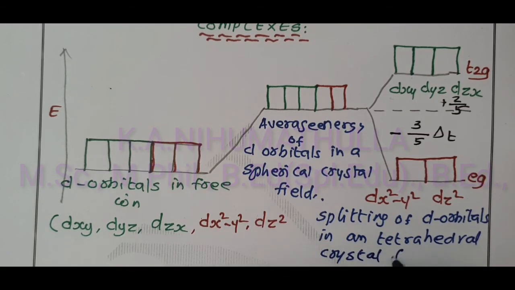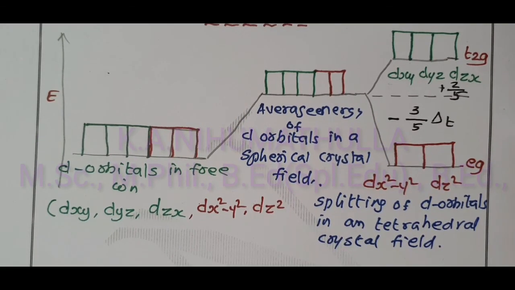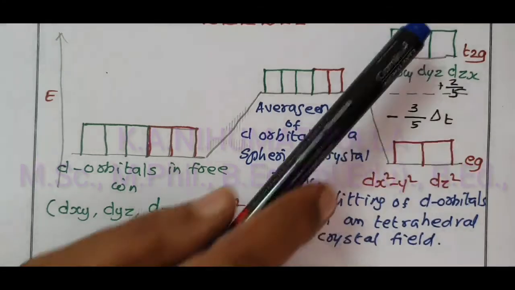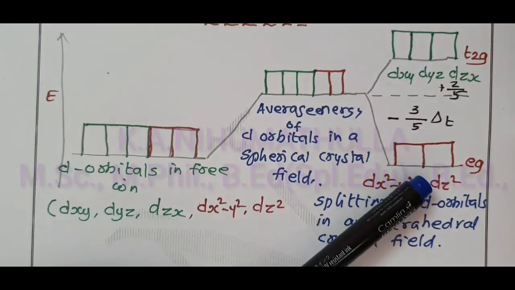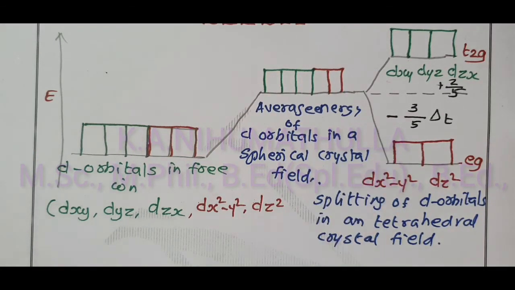Tetrahedral crystal field. This is just opposite to octahedral complexes. In octahedral complexes, the 2 orbitals are present up and these 3 orbitals are present down. So, it is just opposite to octahedral complexes.